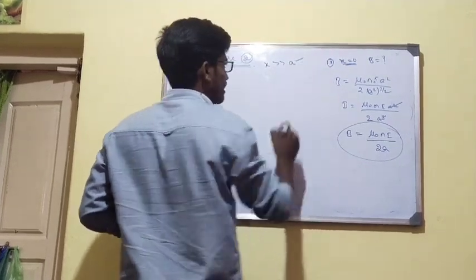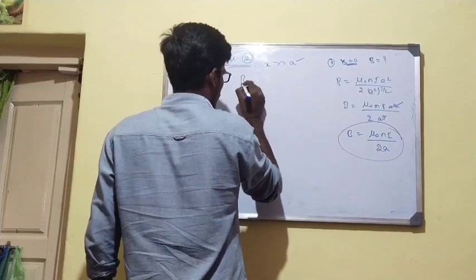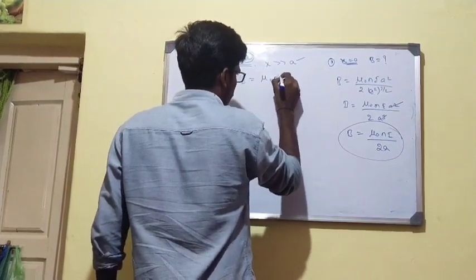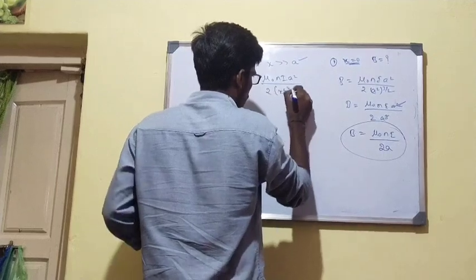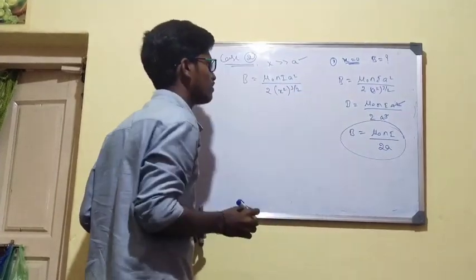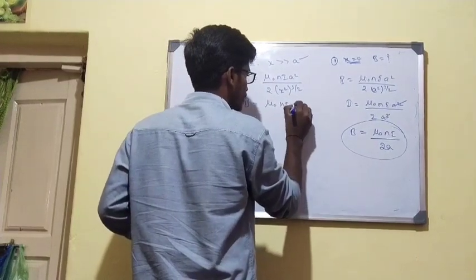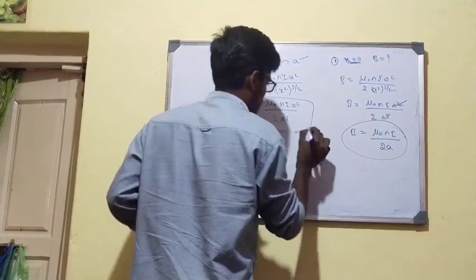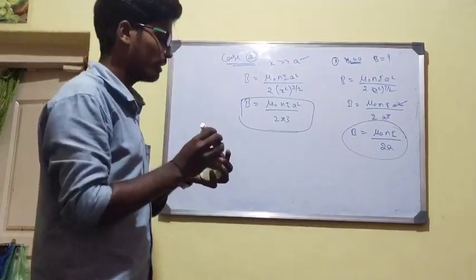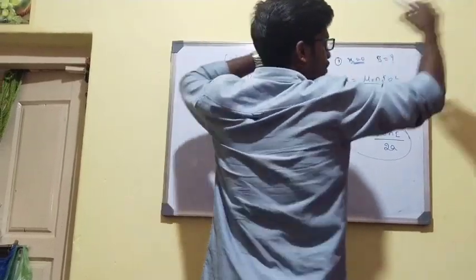Therefore I am neglecting a in the equation. When I neglect a, B is equal to mu naught N I a square divided by 2 into x square whole raised to the power of 3 by 2. Now B is equal to mu naught N I a square divided by 2x cube. This is the expression used to find out the magnetic field at a point which is far away from the center of the coil.